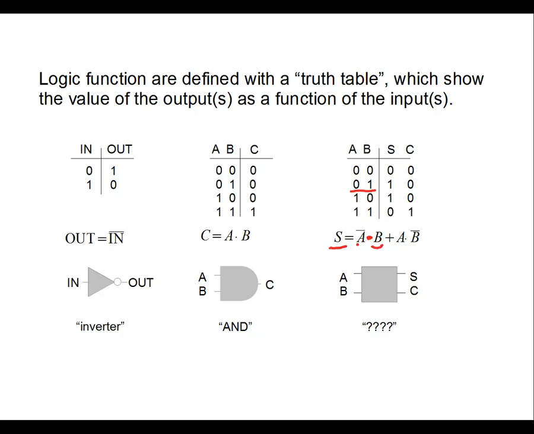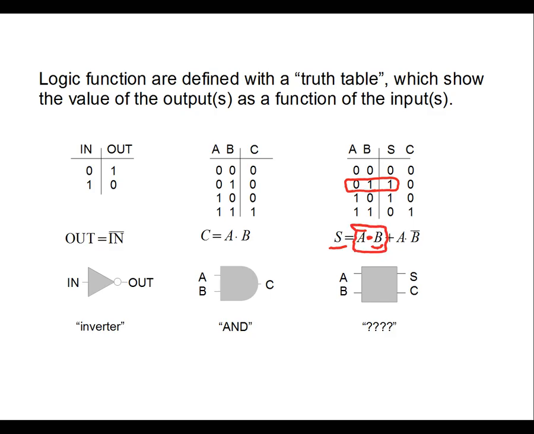And we're looking not for A to be equal to 1, but for A to be equal to 0. When A is equal to 0, what is A bar? A bar is equal to 1. So we can express this piece of the truth table into this term.